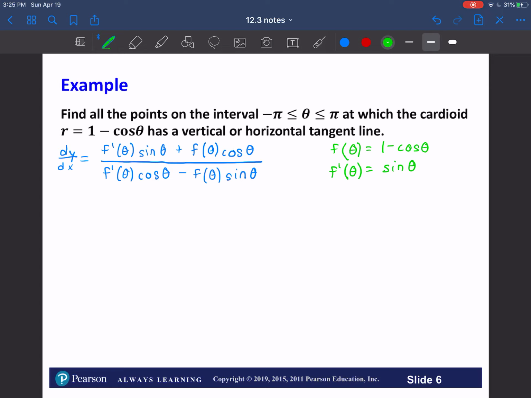Alright, so this calculation will get a little bit messy, so just hang tight with me. If we plug in everything, we have f prime of theta, which is sine of theta, times sine of theta. F of theta, of course, was just 1 minus cosine theta, times cosine theta.